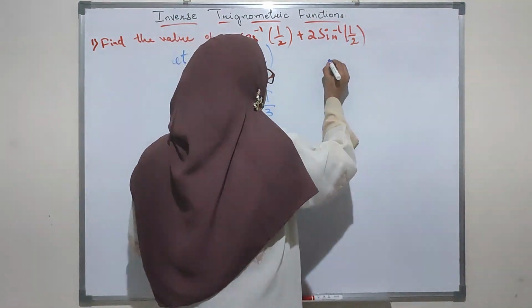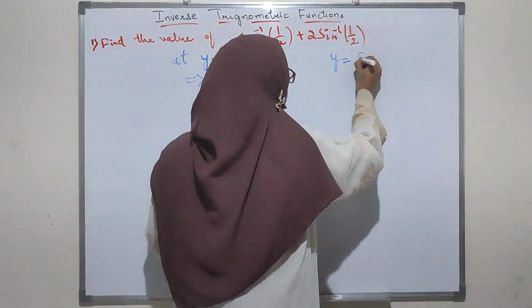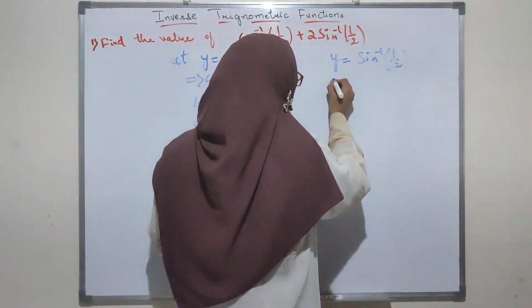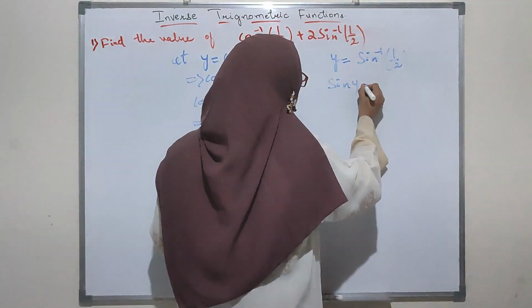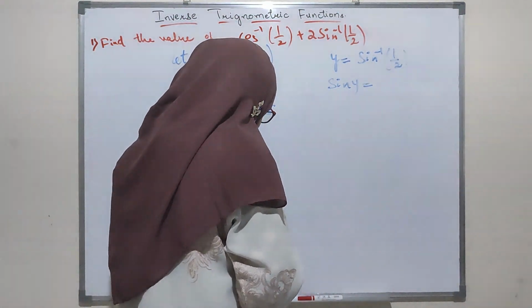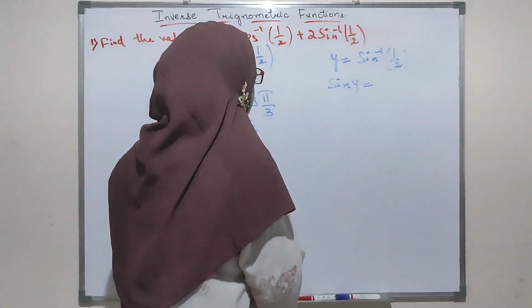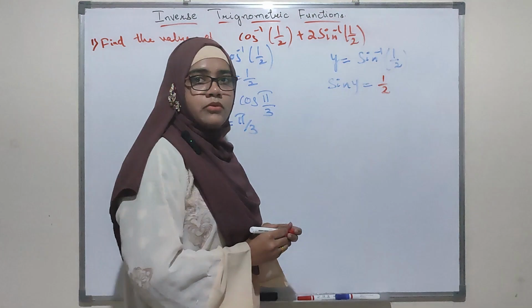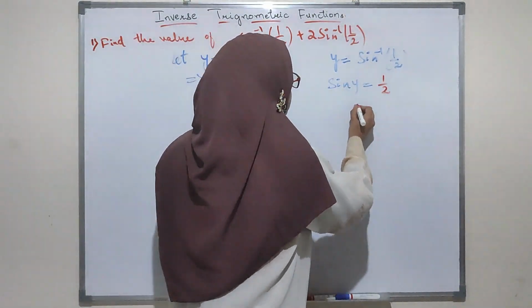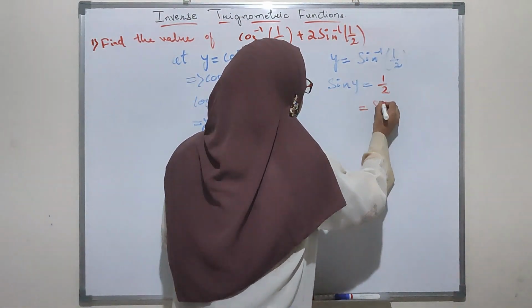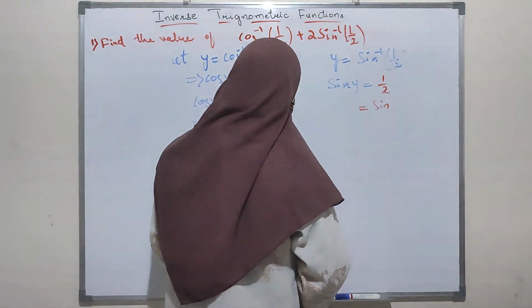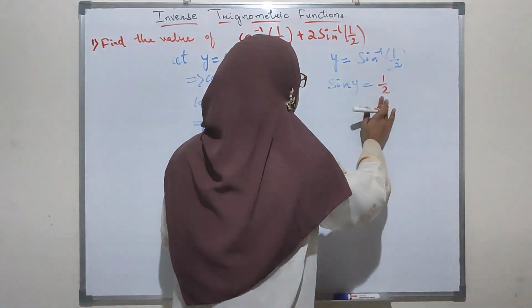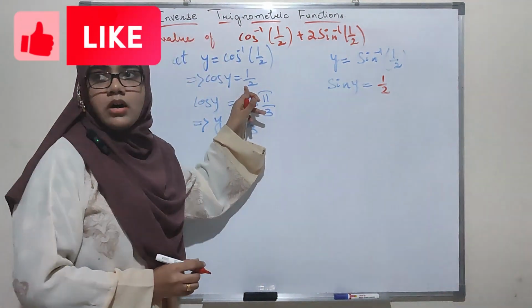For sin, let y be sin inverse of 1 by 2. So sin of y is equal to, I am writing this solution using a red marker because I think the ink is finished. Okay, so here we have sin of 30, which is 1 by 2.